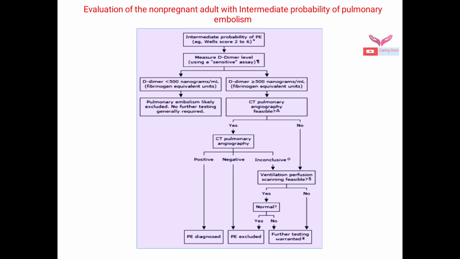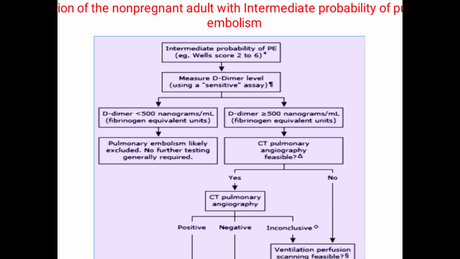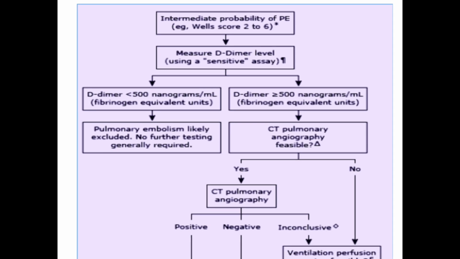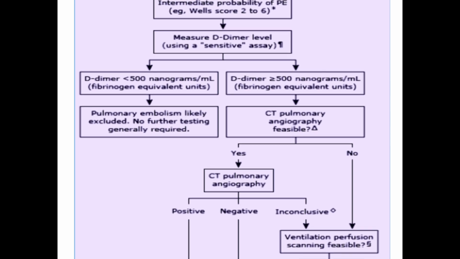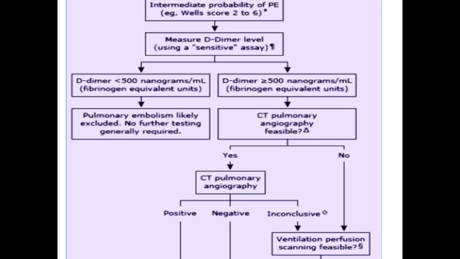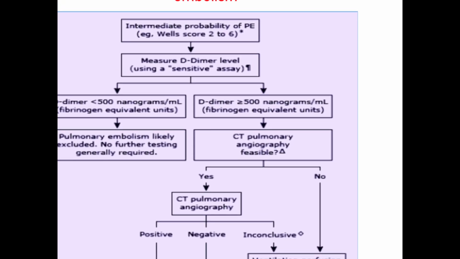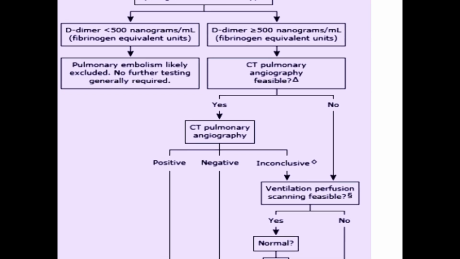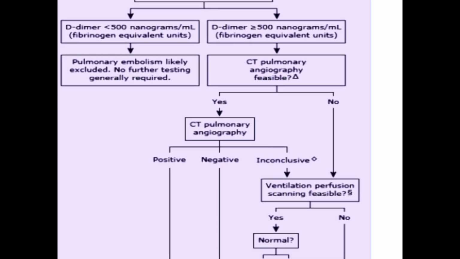Then patients with intermediate probability of pulmonary embolism. Here the Wells score will be between 2 to 6. We have to measure the D-dimer level. If the D-dimer level is less than 500, then pulmonary embolism is likely excluded. No further testing is required. If D-dimer is more than 500, then we again follow the same process as we followed in the low probability score.